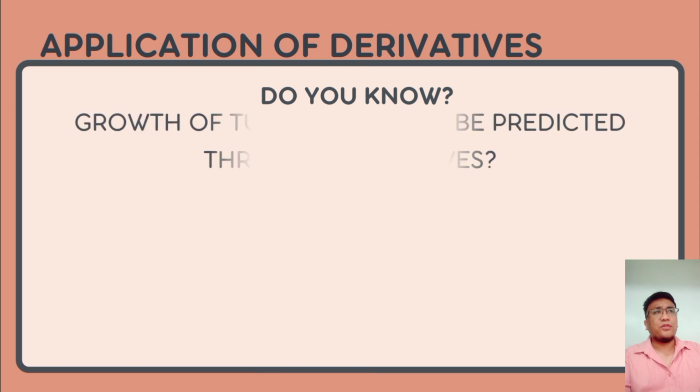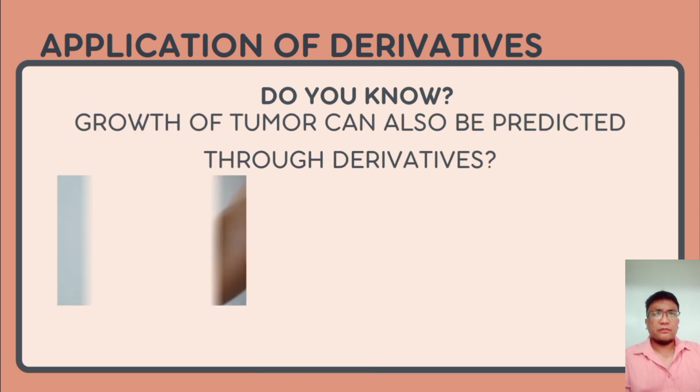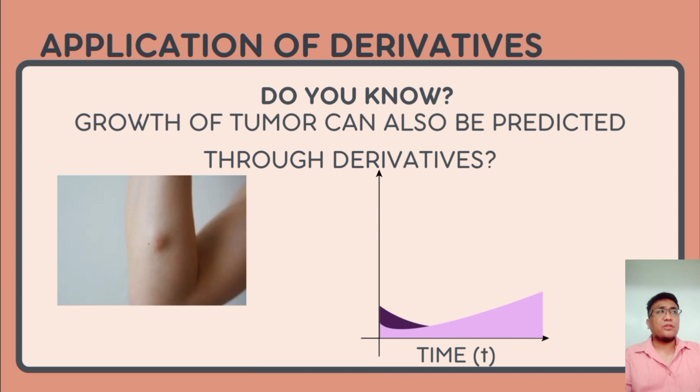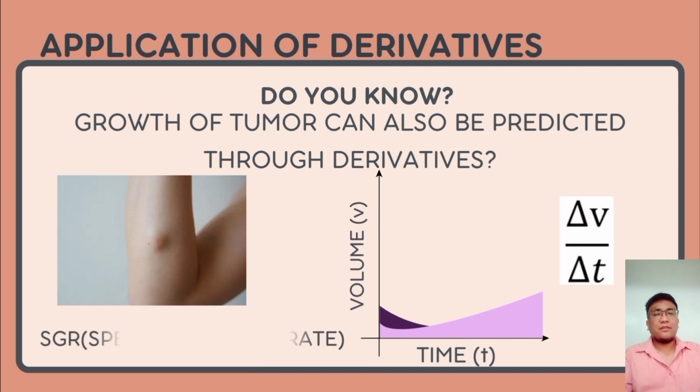So the growth of a tumor can also be predicted through derivatives. If you want to be a doctor, especially a surgeon dealing with tumors, then this topic is good for you, because some doctors or experts are studying the behavior of the tumor.